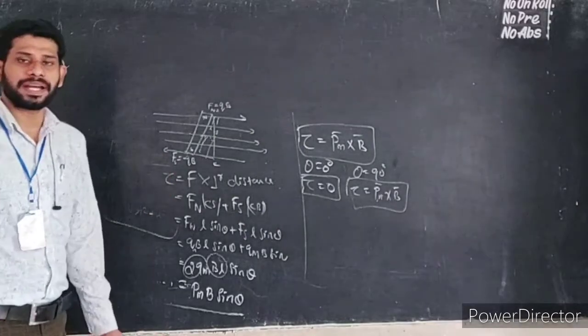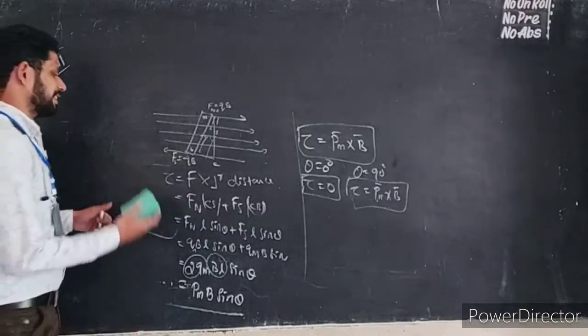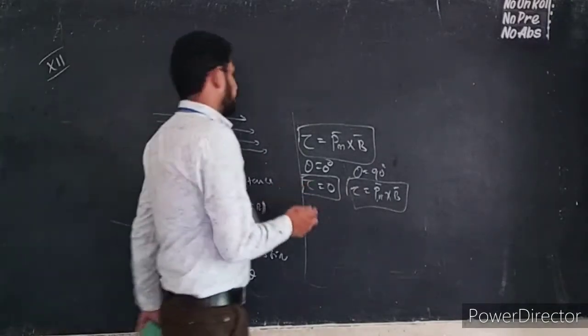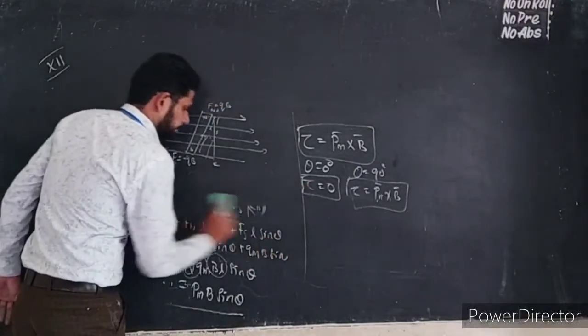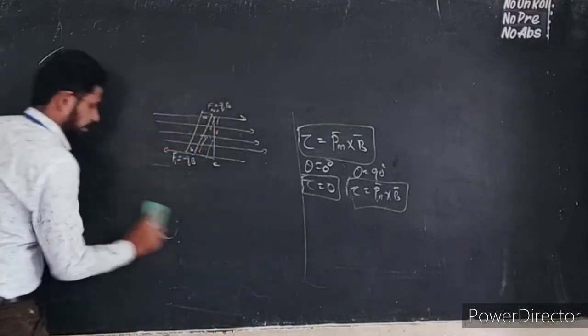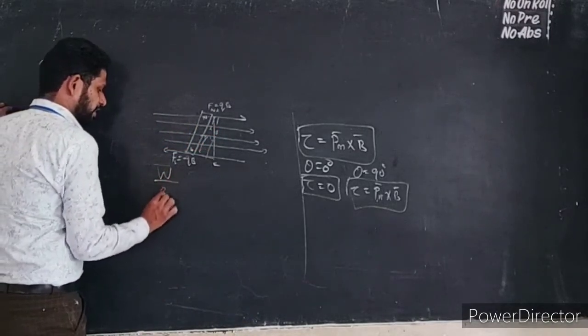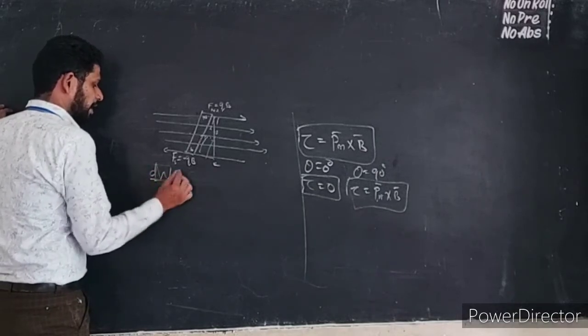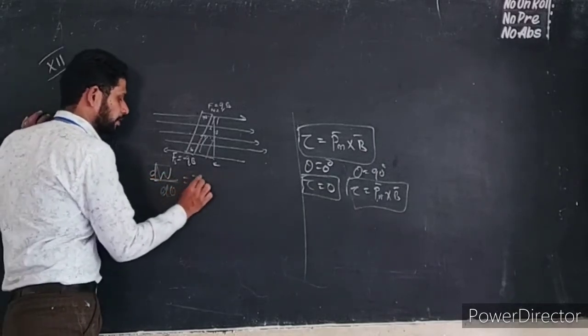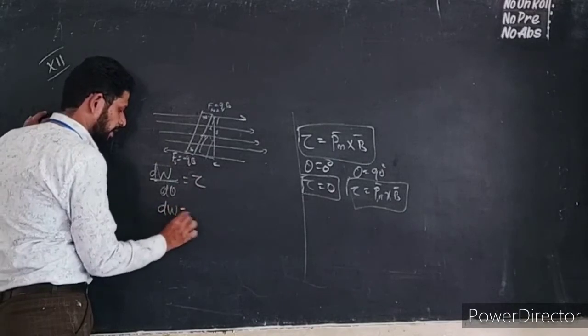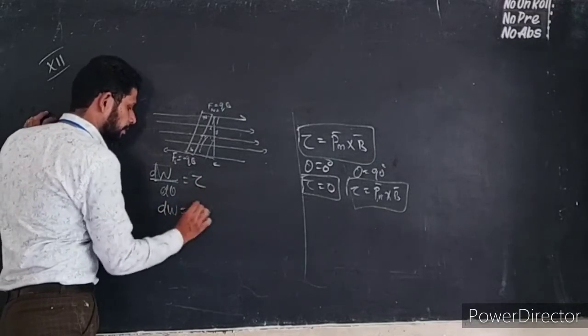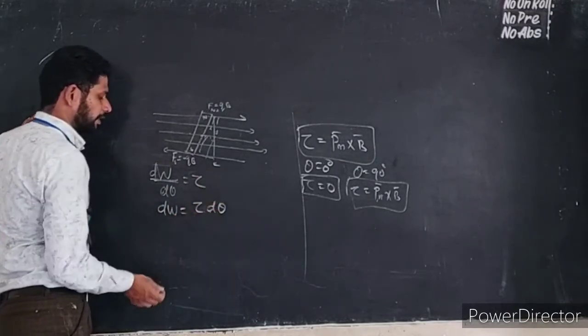The potential energy of the bar magnet in a uniform magnetic field. Same thing. Here, the small amount of work done per unit deflection will be equal to the torque. So the work done dW will be equal to torque into d theta.